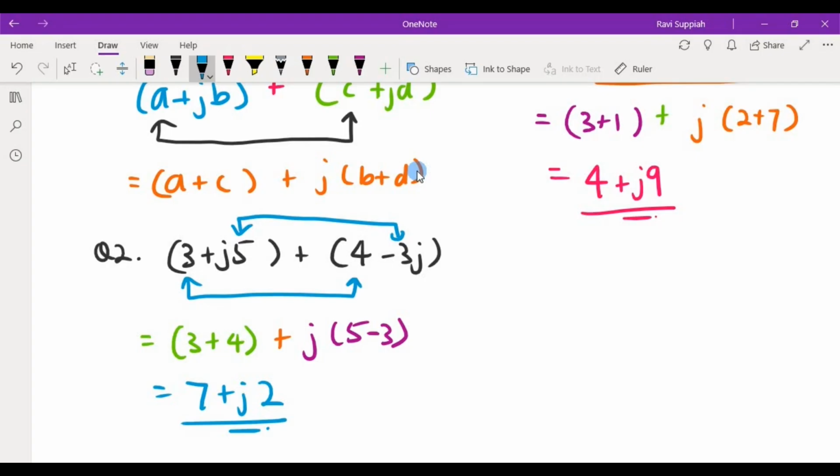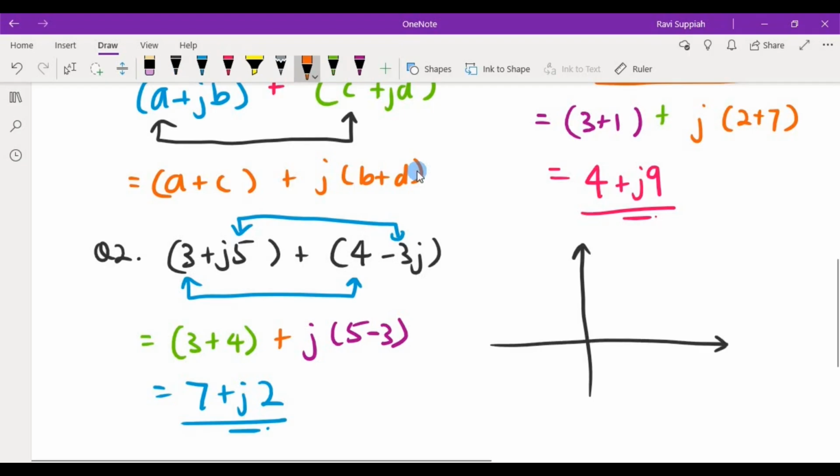Now let's understand how I can also perform such addition or subtraction operations using the graphical approach. Let me draw the axes here. Here I have the y-axis and here I have the x-axis.